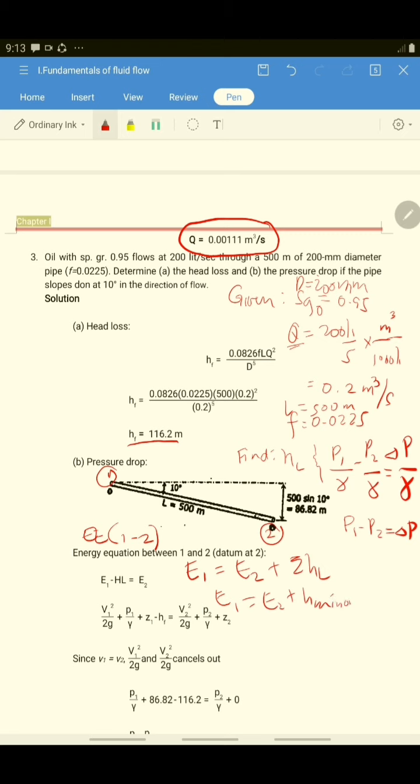Minor plus major, but you don't have the minor losses, only the major losses. So you have E2 plus head loss, which is major loss.